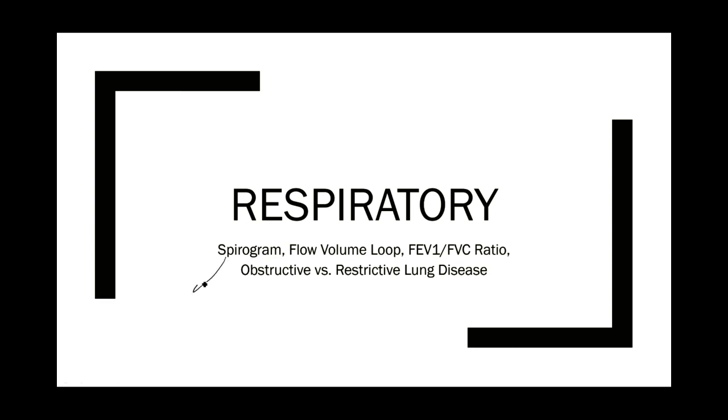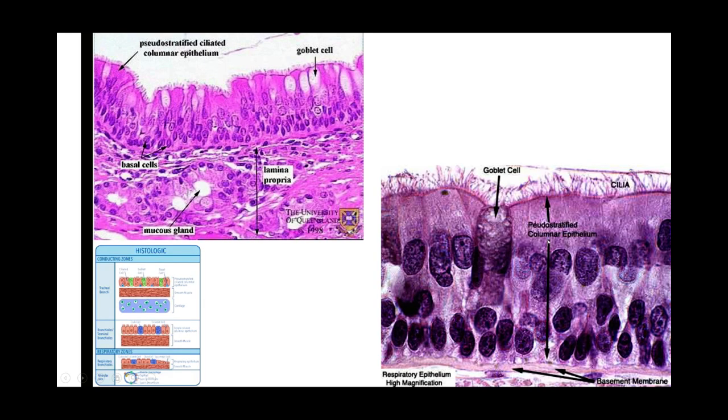And when you see the spirogram, you're going to see a category of terms called volumes and then capacities. Volumes are just lung volumes, and capacities are just a measure of two or more lung volumes. That'll be more clear in the slide after this.